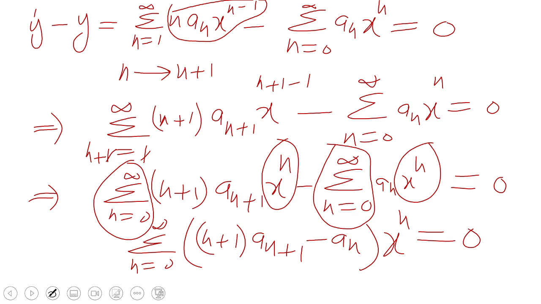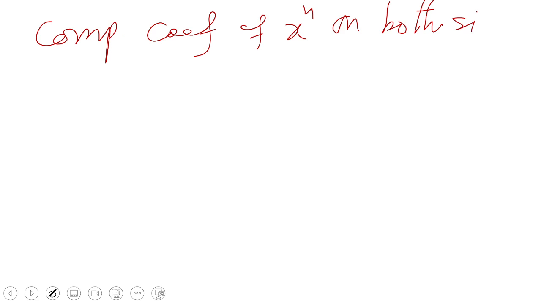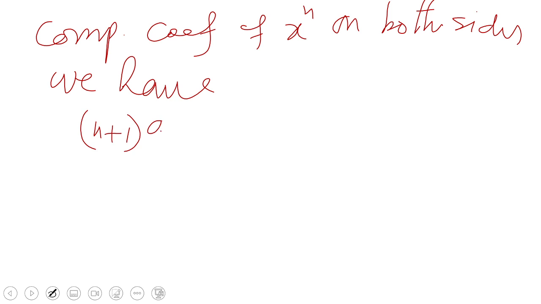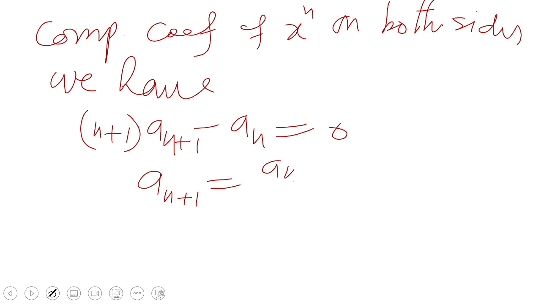Now comparing the coefficient of x^n on both sides, we have (n plus 1) a_(n+1) minus a_n equal to 0, and this gives me a_(n+1) is equal to a_n divided by n plus 1. We call this the recursion relation.